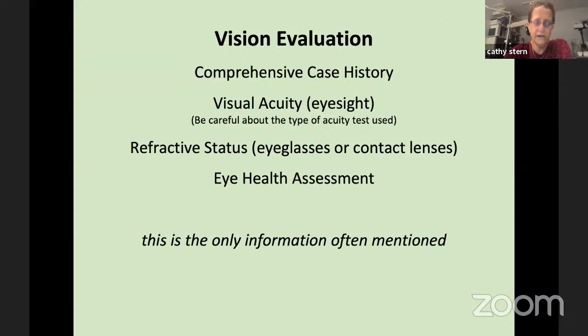The other thing that I do notice is that distance visual acuity is looked at, but no one thinks about near visual acuity, because they think that the person may not be reading very much, especially if they have a very significant injury. But I used to work a lot, and still do, with a lot of special needs patients.